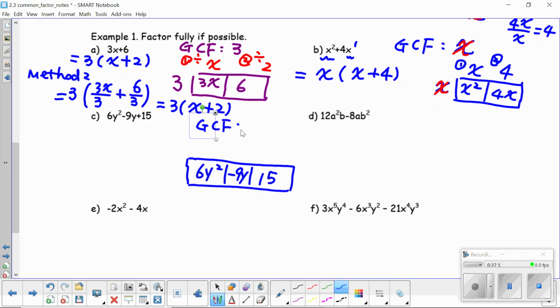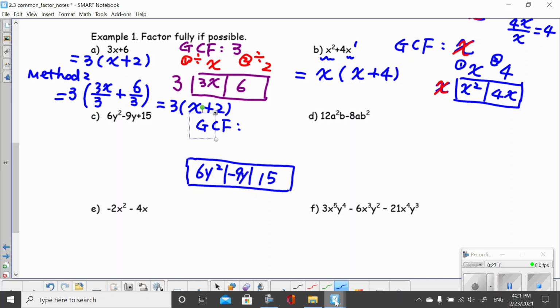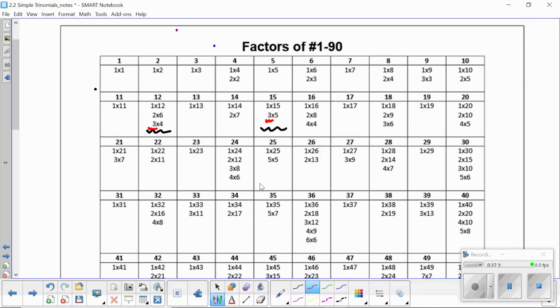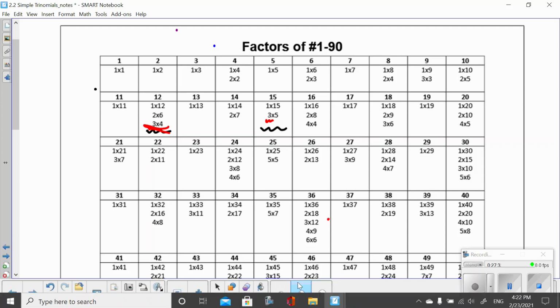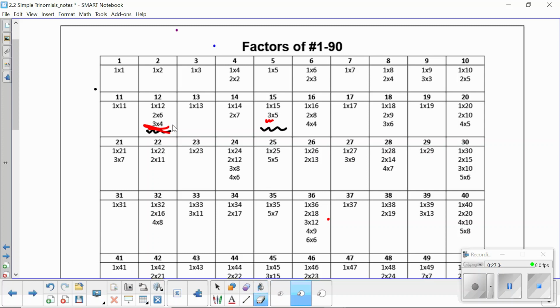Greatest common factor of 6, 9, 15. So we look at the factor number sheet. 6 and 9. Okay, so 6, we circle this one, 6, 9, and 15.